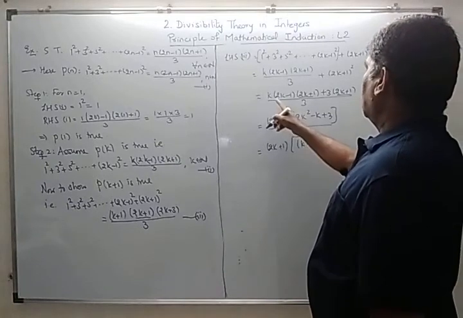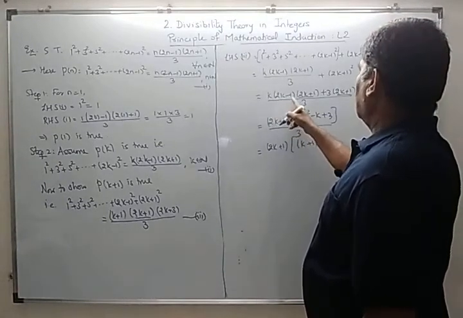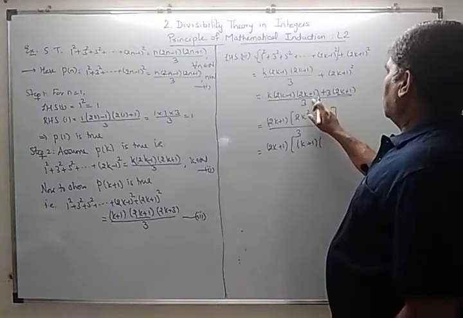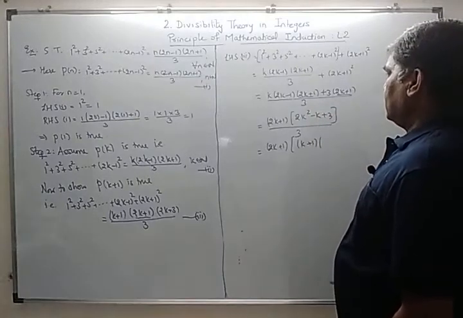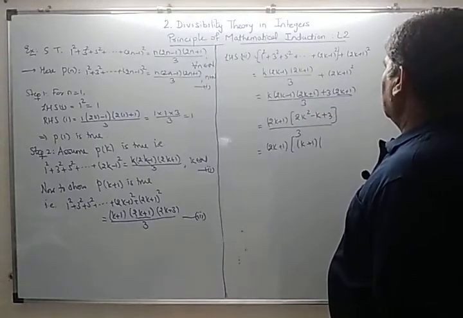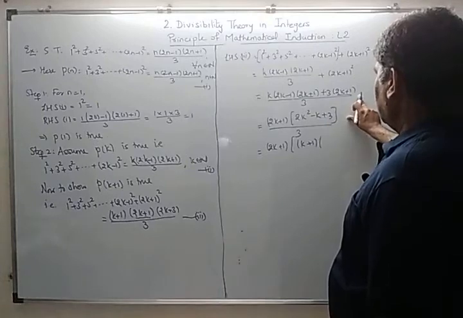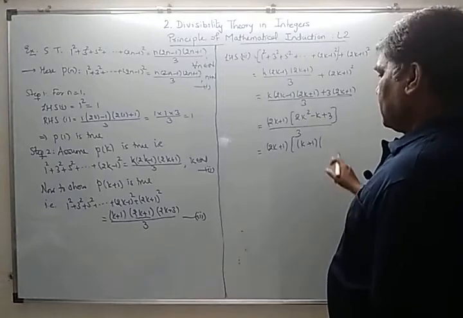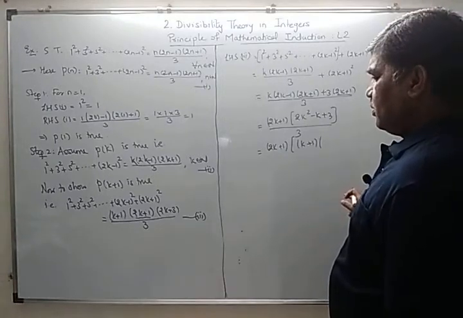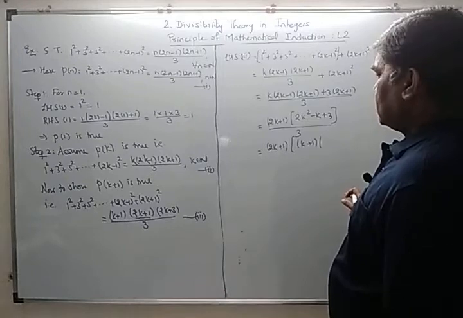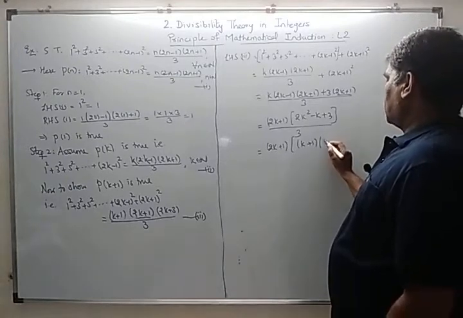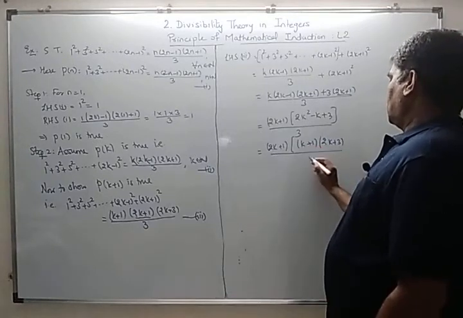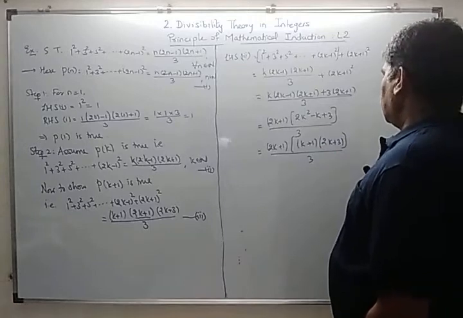Sorry, 2k square minus k. 2k plus 1 is taken outside, 3 times (2k plus 1). By taking 2k plus 1 outside plus 3 here, (k plus 1) into (2k plus 3), but we are not getting it.